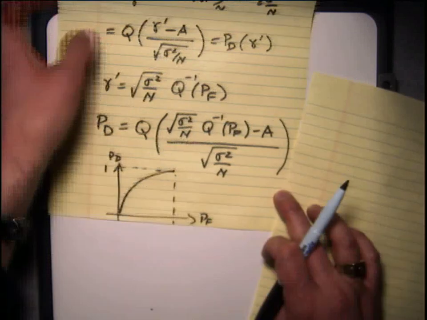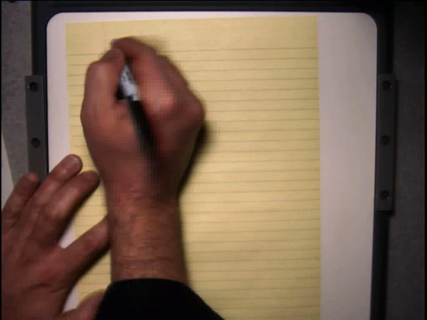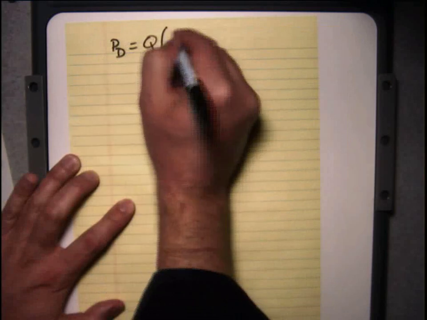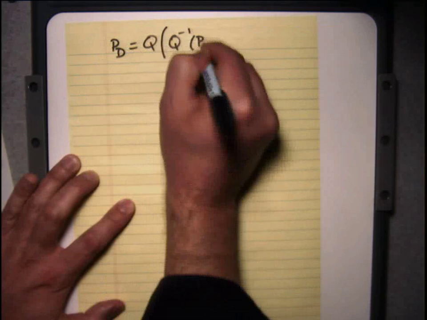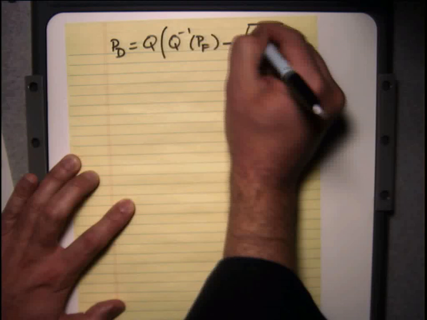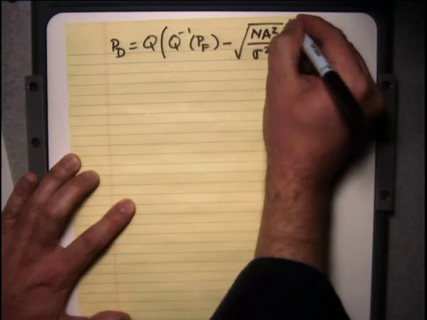So what you end up getting is an even simpler form. You get PD is Q inverse PF minus, then I'm just going to gather everything together, N A squared over sigma squared.